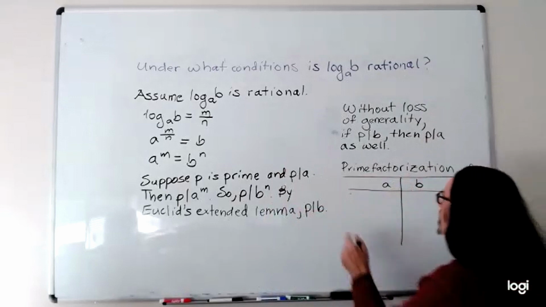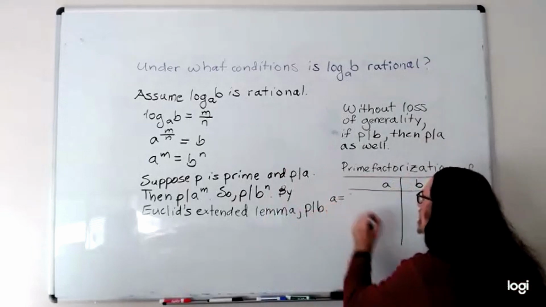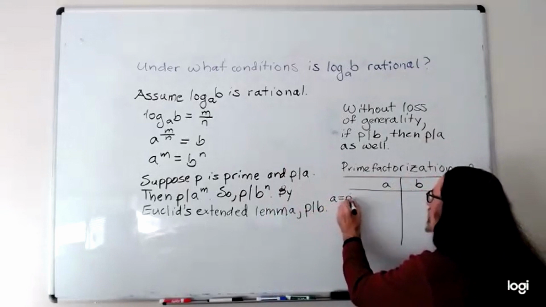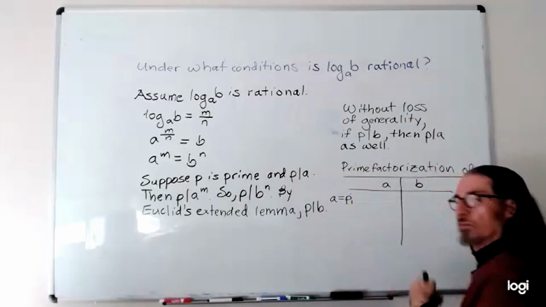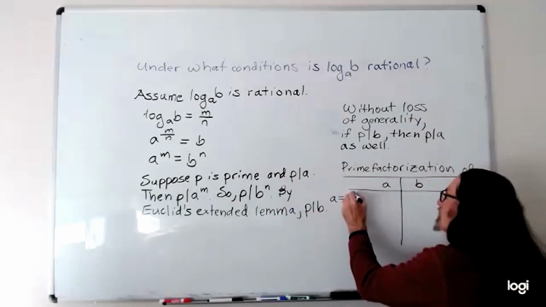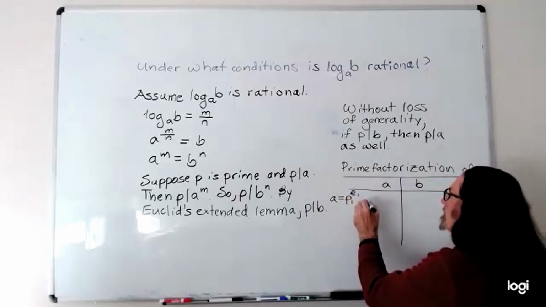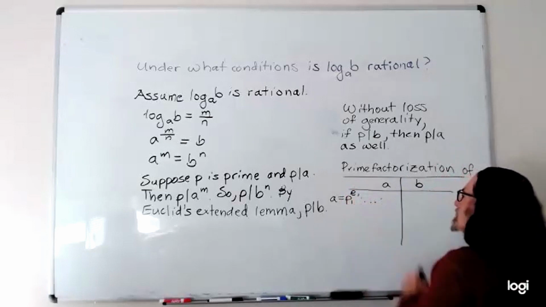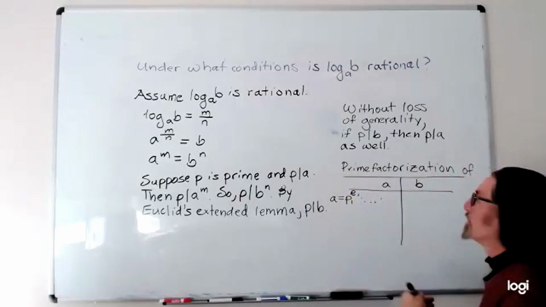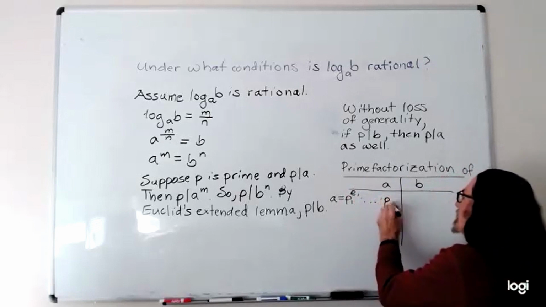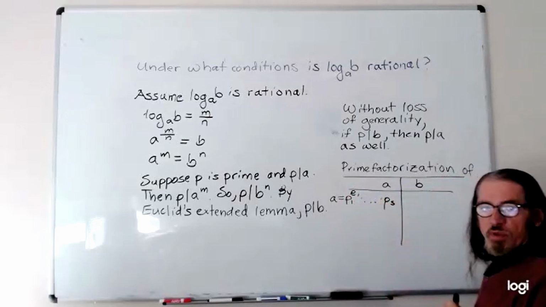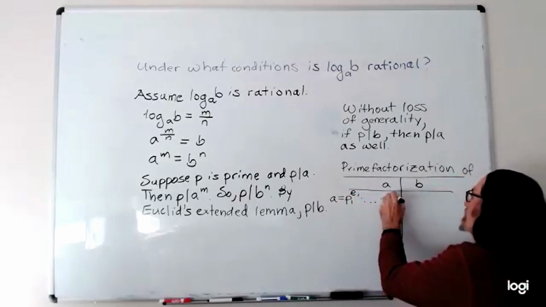Write a equal to p sub 1, the first prime, raised to an exponent of e sub 1, times a bunch of primes raised to powers. And the last one will be p sub s raised to the power of e sub s.